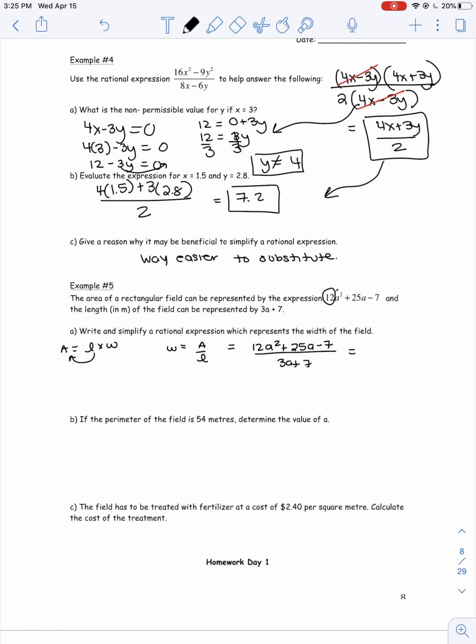So what I want to do is factor this. I want to find two numbers that multiply to 12 and negative 7. So that is 12 times negative 7, negative 84. So we want to find two numbers that multiply to negative 84a squared, and they have to add up to 25a.